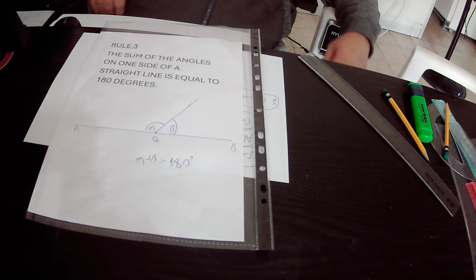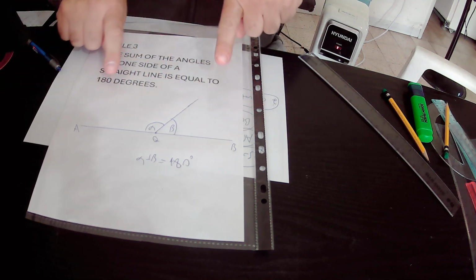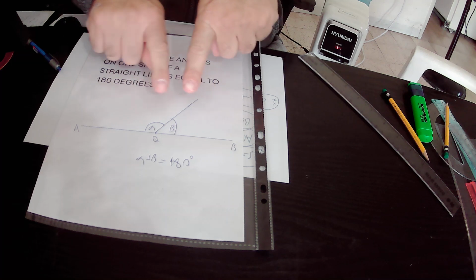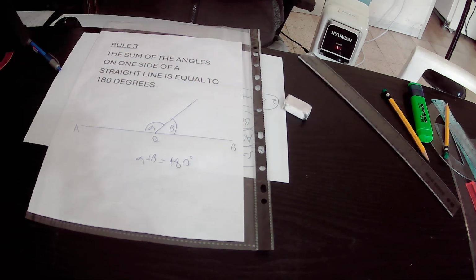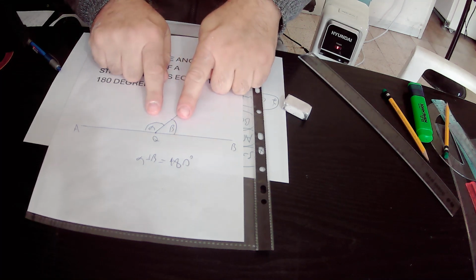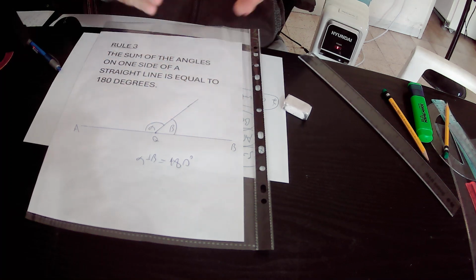Here in the drawing we have the straight line AB. If we focus on the upper side of the straight line AB at point Q, the sum of the angles must be equal to 180 degrees according to rule number 3. Which angles do we have at the upper side of AB at point Q? We have this angle alpha plus this angle beta. So alpha plus beta in total must be equal to 180 degrees according to rule number 3.